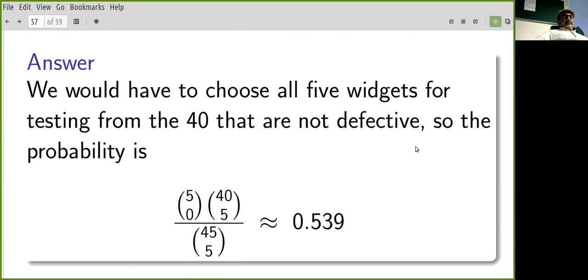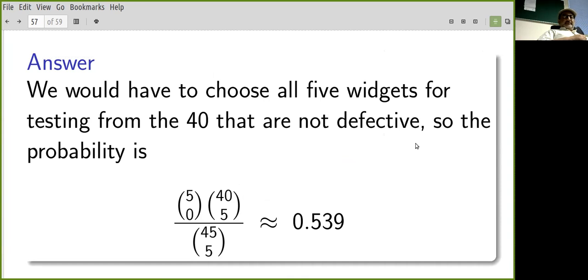So if we have 5 defective widgets out of 45, we could miss those 5 defective widgets with a 54% chance. And out of the 40 that get shipped, right, 5 are destroyed.